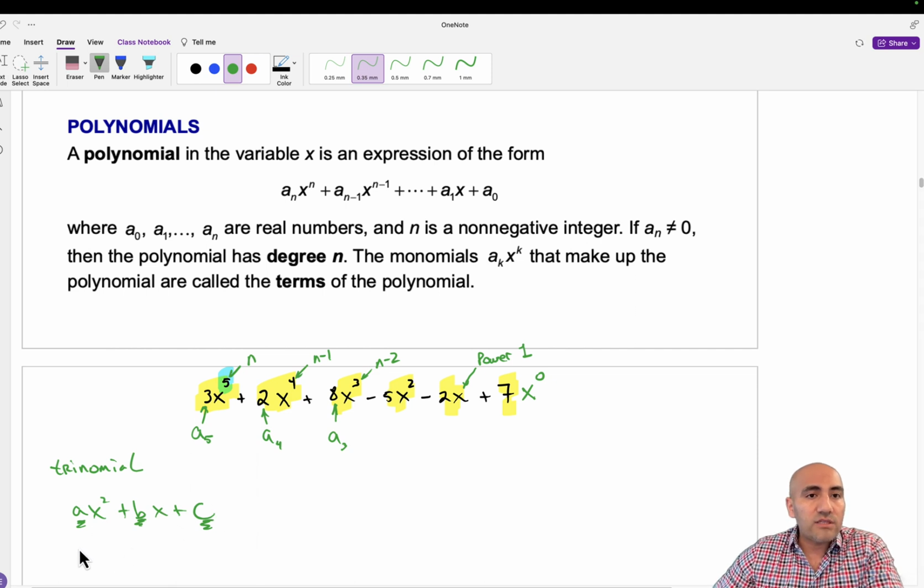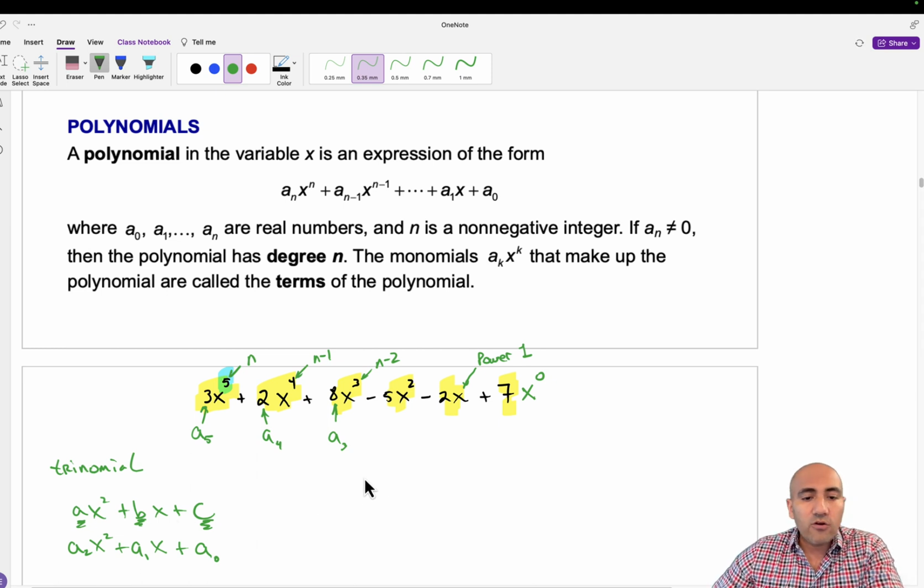Or likewise, using this notational style, we could do a sub 2 x to the second plus a sub 1 x to the first plus a sub naught to represent that constant. So this would be in keeping with this notational style to represent the same thing as a trinomial.